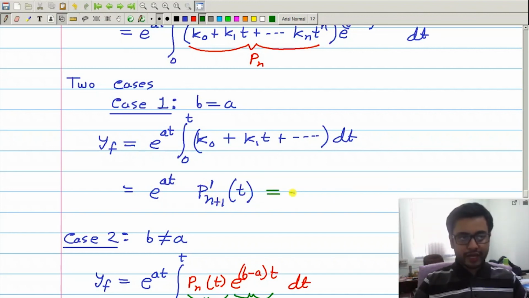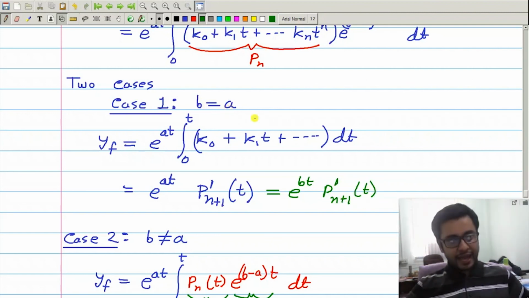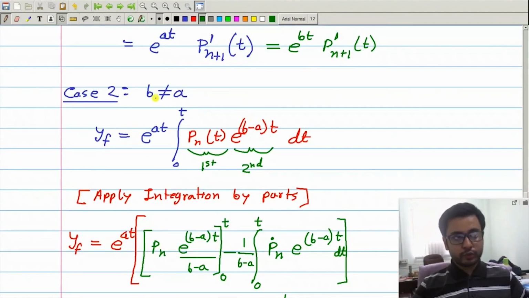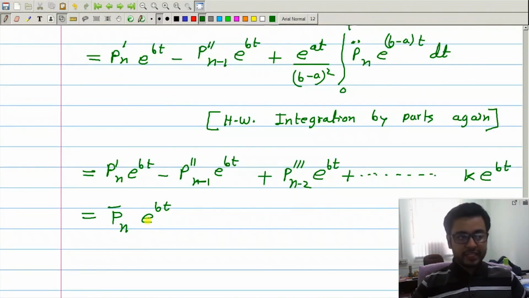This you can also write as e to the power bt p prime n plus 1 of t, because b is equal to a. And if b is not equal to a, then the final solution will be e to the power bt multiplied by a polynomial of degree n.